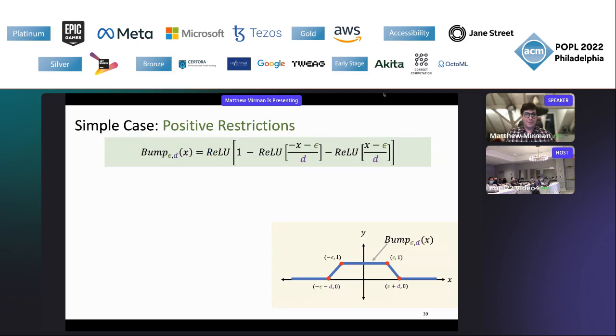So we can build the bump function easily as seen here. We start out with 2 upside down ReLUs so that, and I wish I could use my mouse, and I'm sorry that I can't, it looks essentially like an infinite mountain on either side. The width of the plateau of the mountain would be of size epsilon, and the slope of the sides of the mountain would be inverse d.